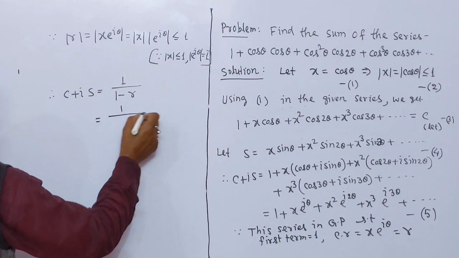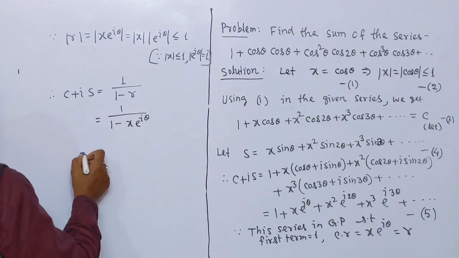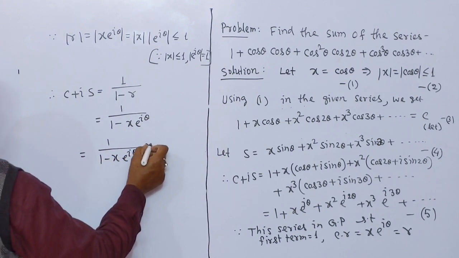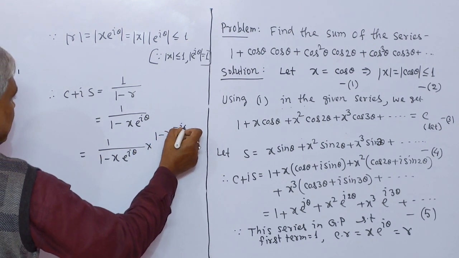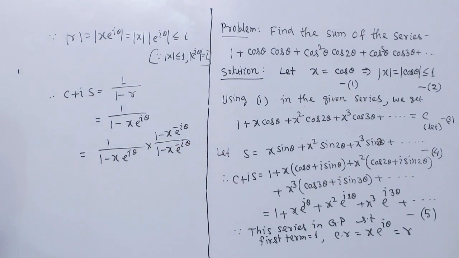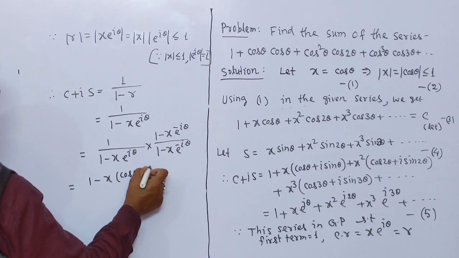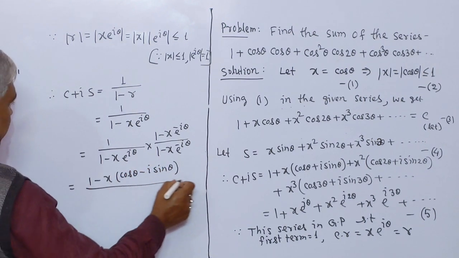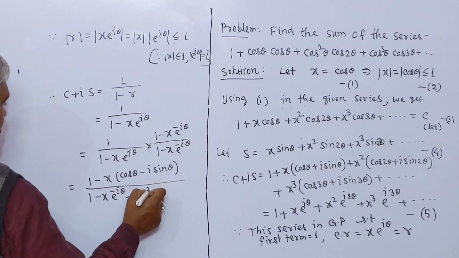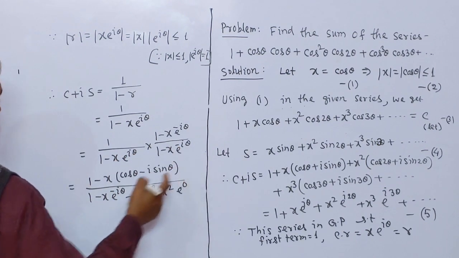This will be equal to 1 by 1 minus x e to the power i theta, multiplied by 1 minus x e to the power minus i theta by 1 minus x e to the power minus i theta, and this will be equal to 1 minus x cos theta minus i sin theta by 1 minus x e to the power minus i theta minus x e to the power i theta plus x square e to the power 0, that is, i theta minus i theta is 0.